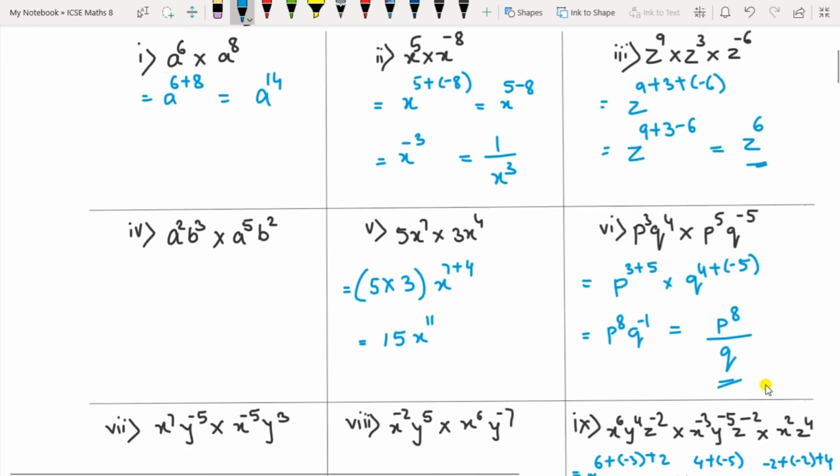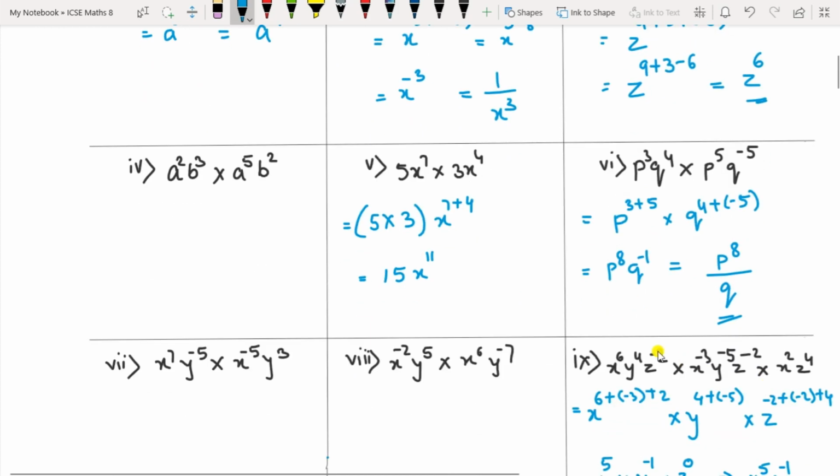Okay. Then the next question is, here now it is two variables, a and b, so multiply a with a and b with b. It will be a raised to 2 plus 5 multiplied by b raised to 3 plus 2, that will be a raised to 7 multiplied by b raised to 5.